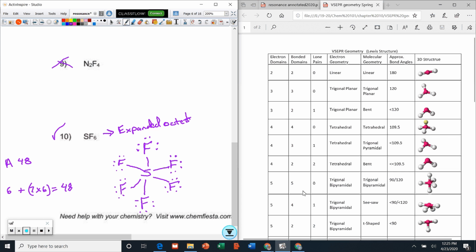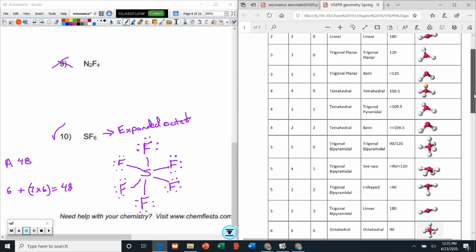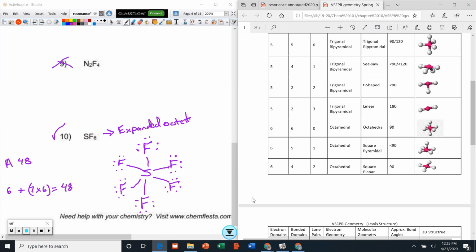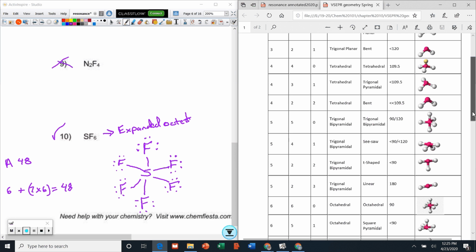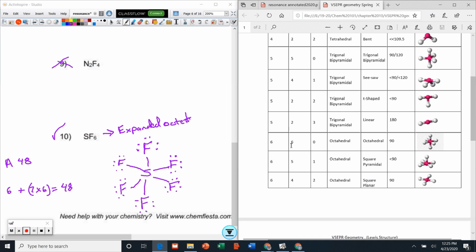Now, if I want to know what the shape is, I need to find one that has 6 electronic domains, 6 bonded areas, and no lone pairs, because we didn't have any lone pairs on there.